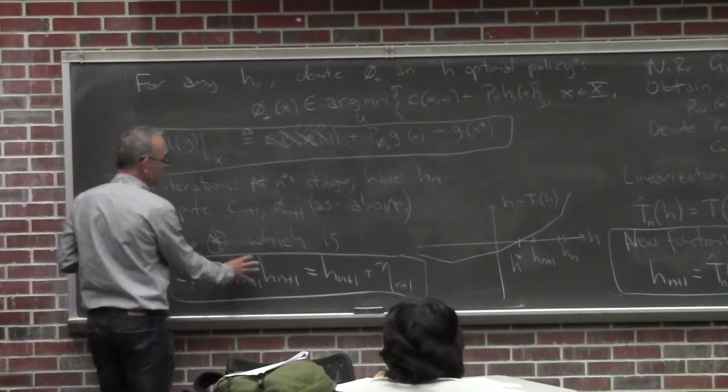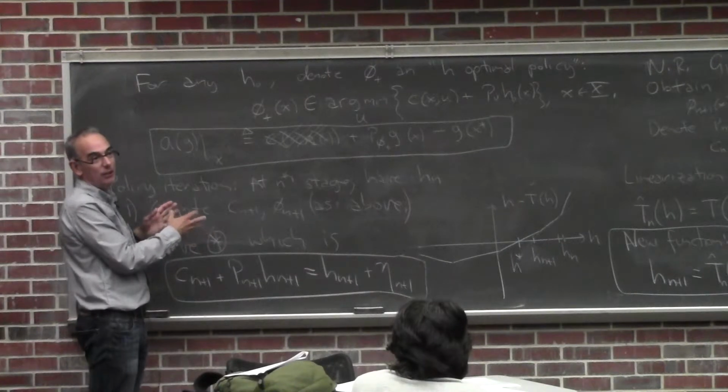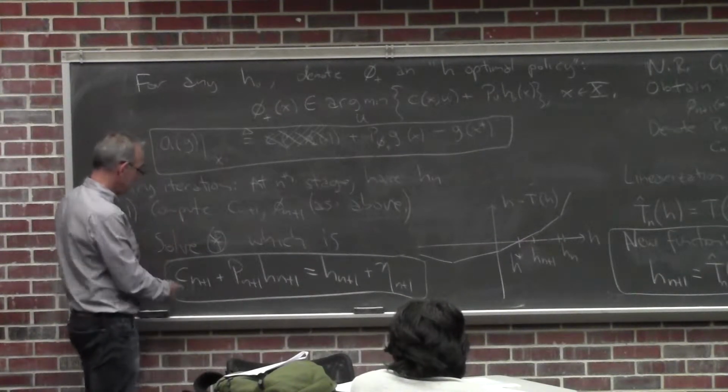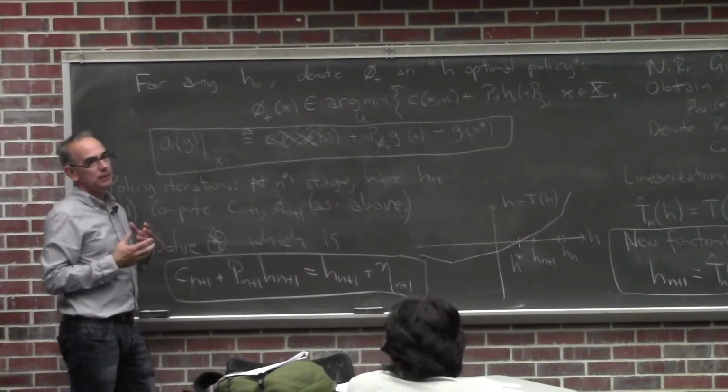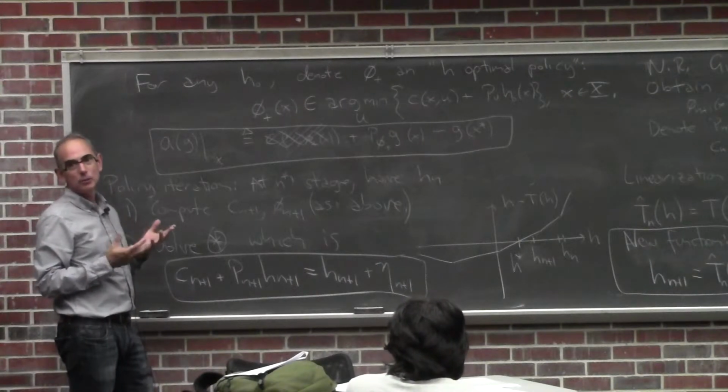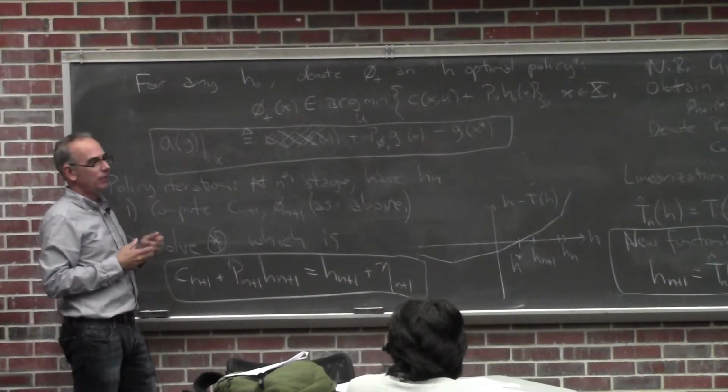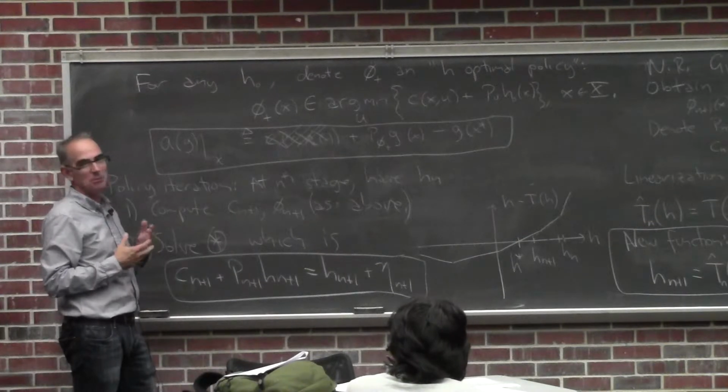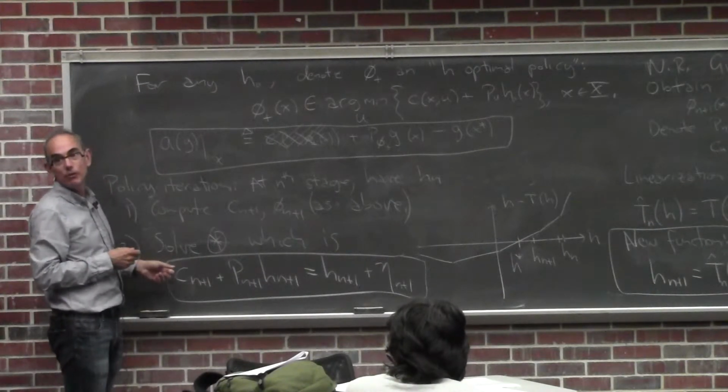I don't need the complete inverse of some matrix, only the inverse applied to one function, like c. If there are D states, the complexity is like D squared. That's okay if D is 1,000. It's not so okay if D is 1,000,000. So that's why this is maybe not used as often as you'd think.